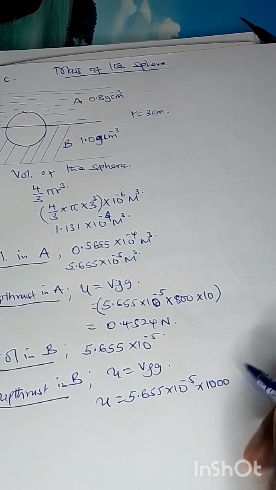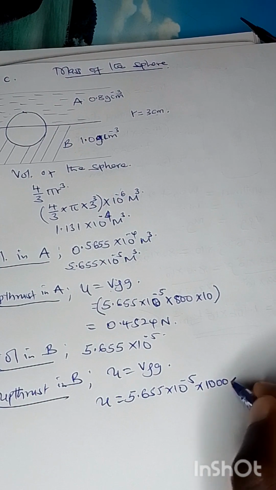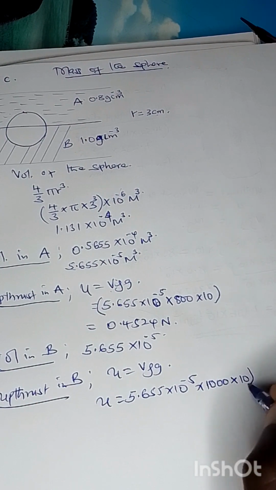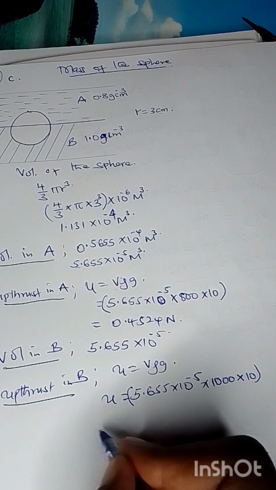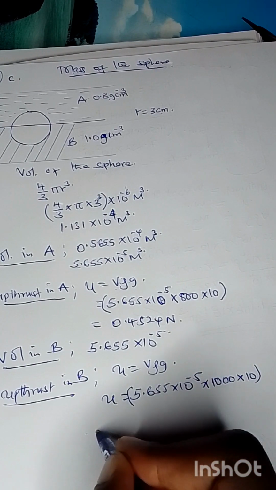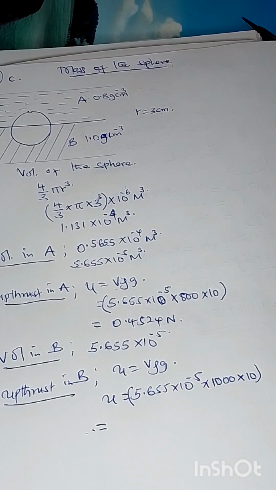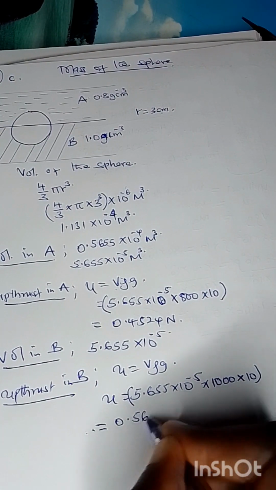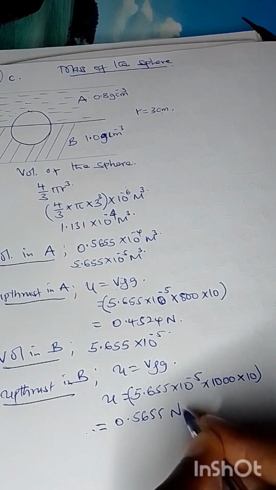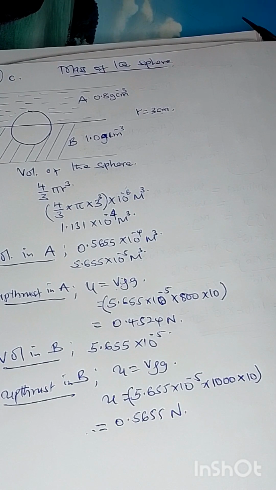And again, we multiply it by 10. Once you do that, you get your upthrust to be 0.5655 newtons. So that is not the answer.